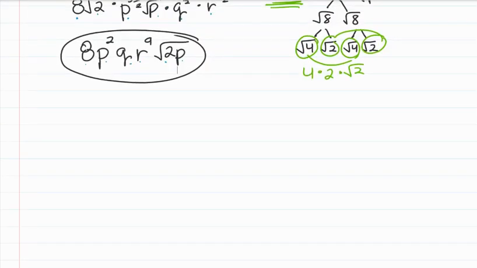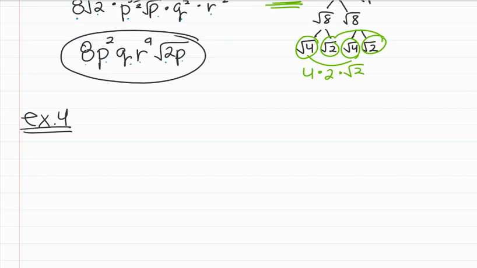One last thing, this also does work with decimals and fractions. Just in case, let's do a quick example 4. So let's say 4a to the 3rd over 25b to the 4th.